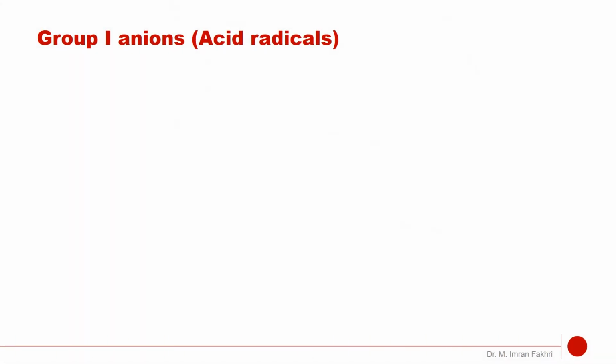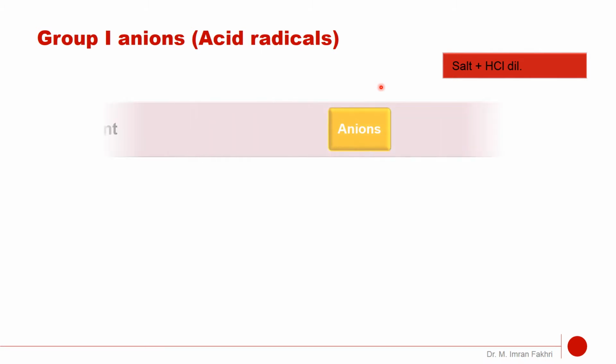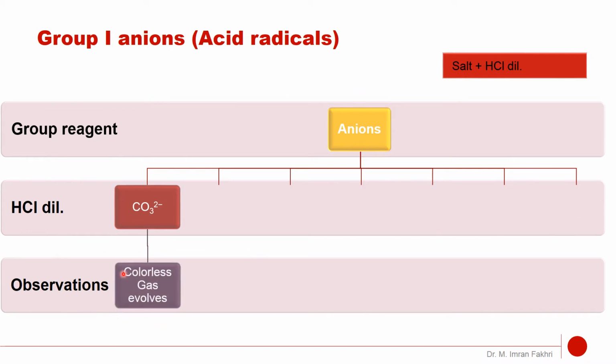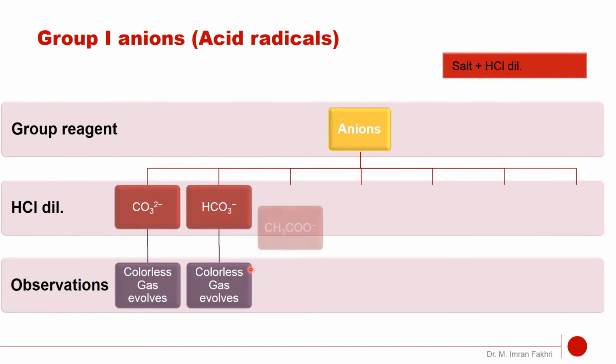Group 1 anions. We have to add dilute HCl to the given salt, and if the salt contains carbonate, we are going to observe a colorless gas being evolved. If bicarbonate is there in the given salt, with the addition of dilute HCl, we are going to observe a colorless gas being evolved.